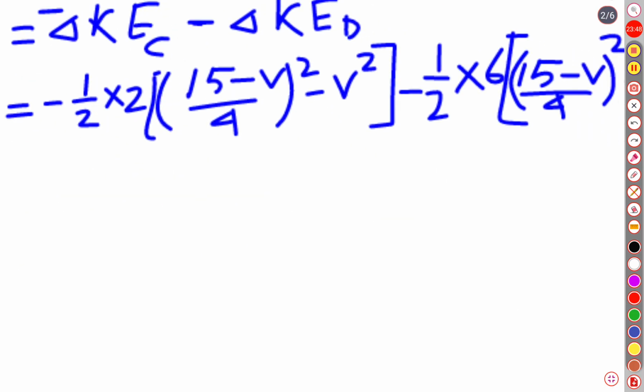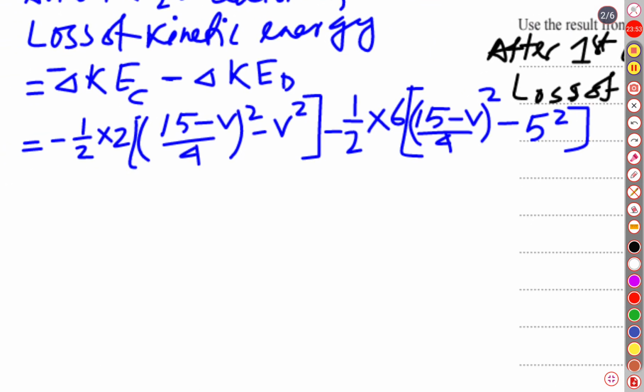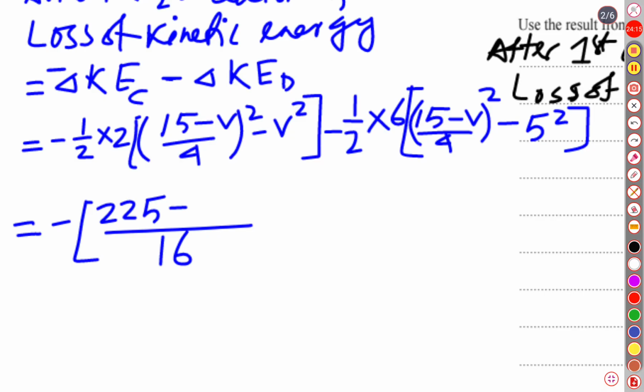Then let us do the simplification. It is going to be negative 1, and if we simplify this, it is going to be 16 because of the square. Then 15 square means 225, minus 2 times 15, which is 30v, plus v squared, minus v squared.